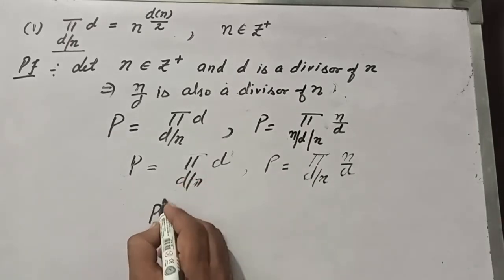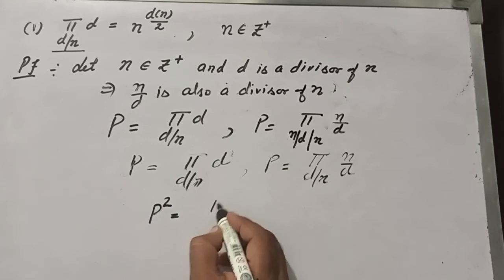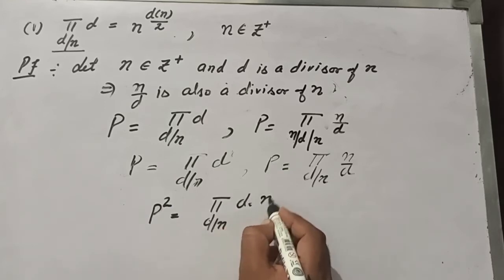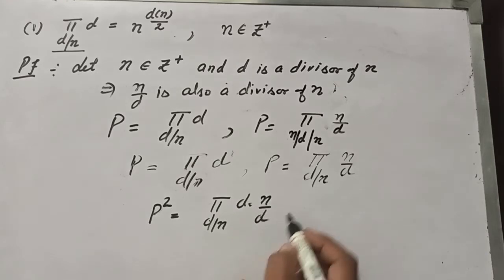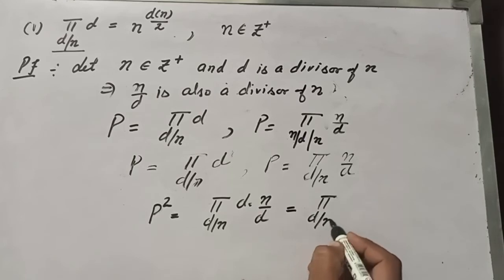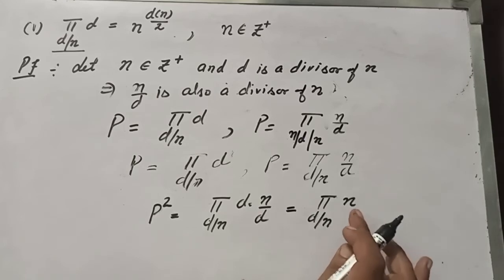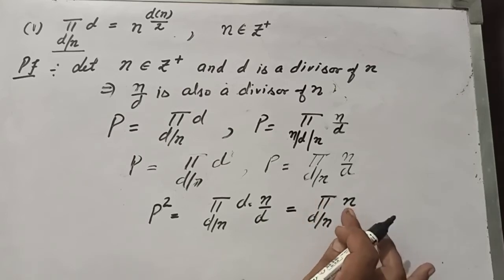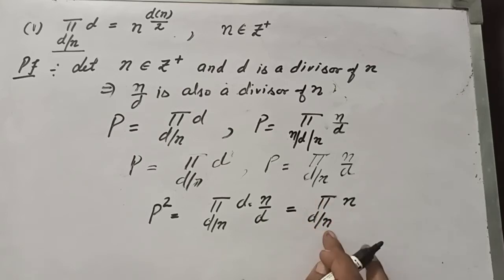On the left hand side we have P square, and the product over d dividing n of d into n by d. So the d cancels out, and it remains n into n into n, how many times? The number of divisors.